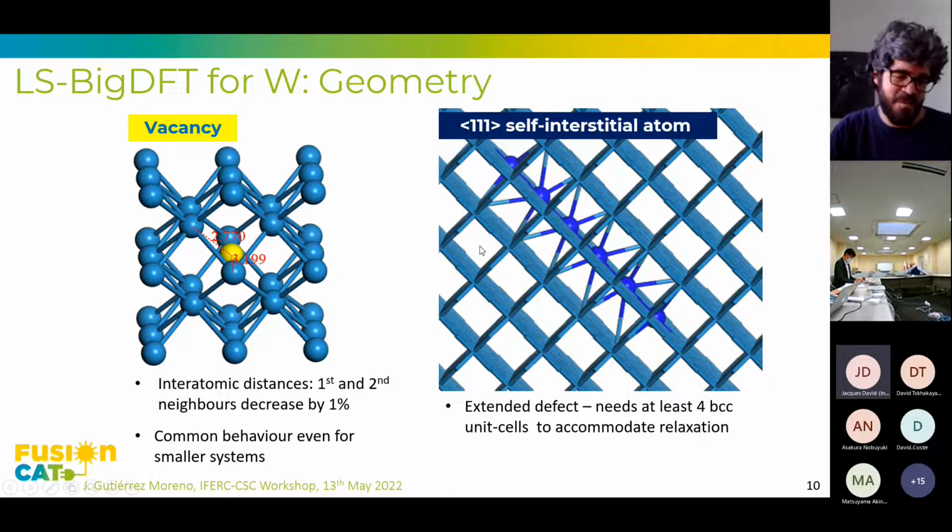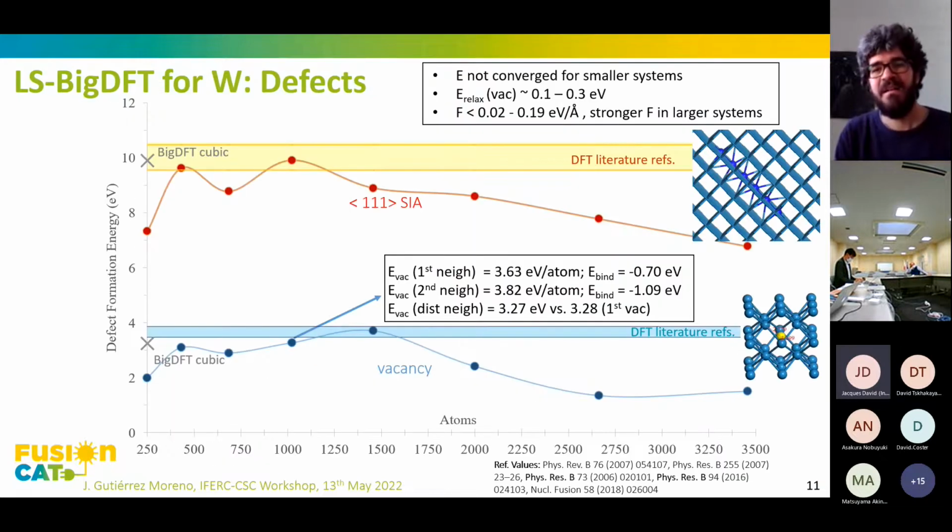This means that if we want to understand the effect of one single interstitial within a 3-dimensional periodic structure, we actually need a large structure to avoid self-interaction between defects.